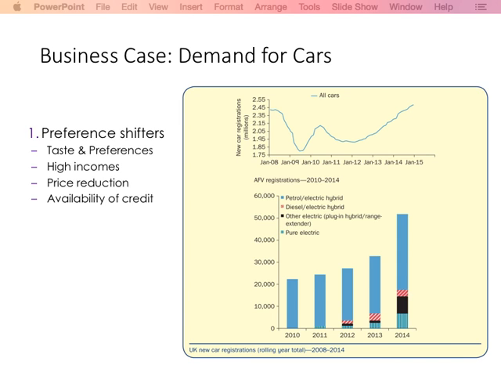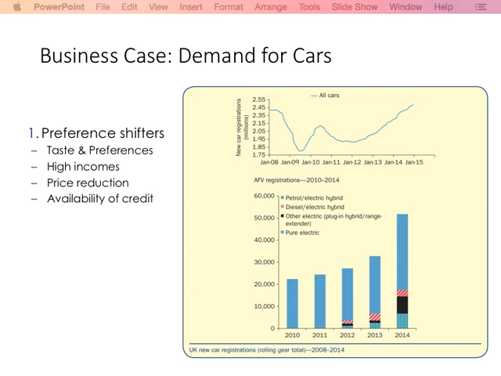Okay, there's a business case in preference shifters. Cars, for example: you may have been driving and you will see that there's a preference shift in the car industry. There is certain growth here, but a sudden shock to the growth in car sales.